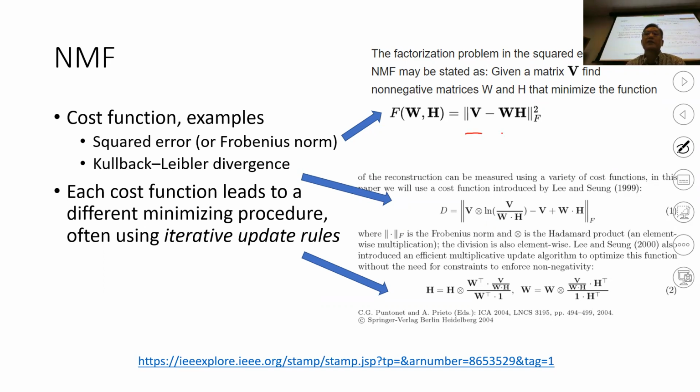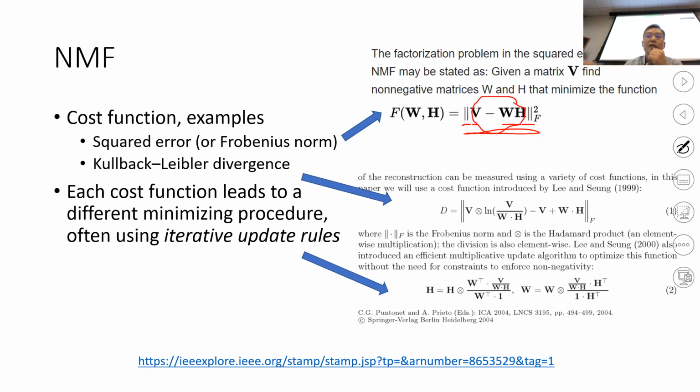I'm sure you have seen this. So you should be able to explain that right now. That's a norm, right? And this is the difference between the given input matrix V and the product of W and H. So the difference is the error in your estimation.